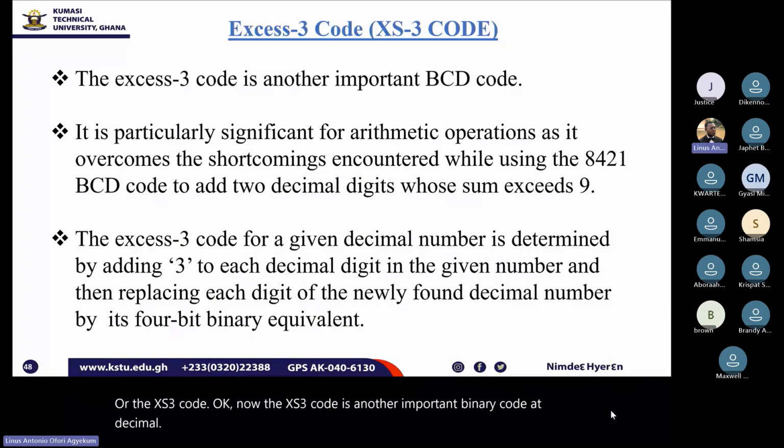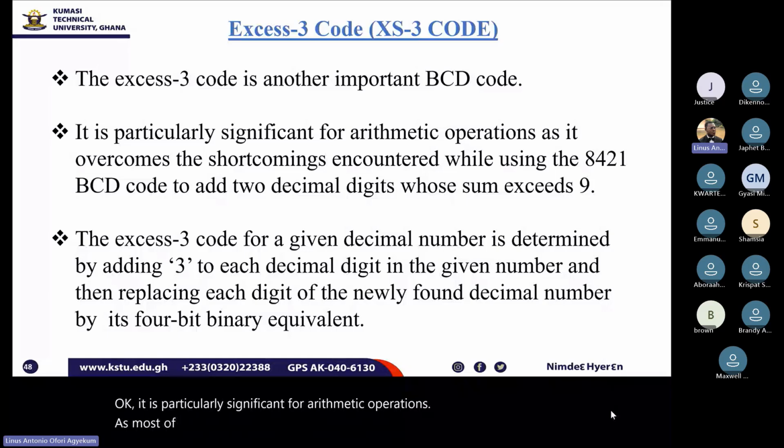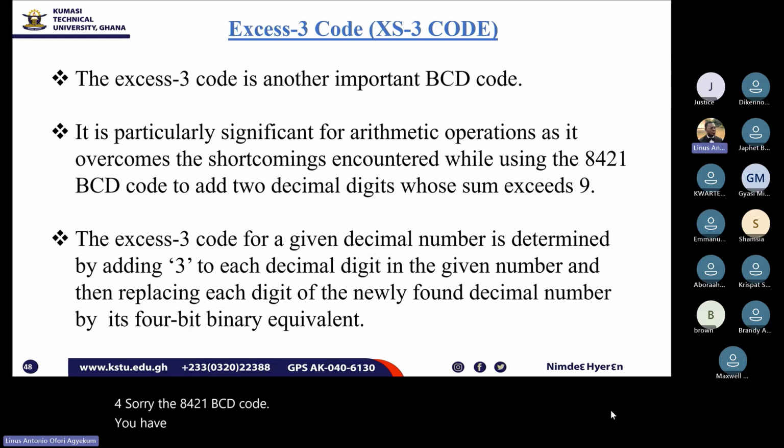It is particularly significant for arithmetic operations, as most of the time it overcomes the shortcomings encountered using the 8421 BCD code, where you have to add two decimal digits whose sum is 9.